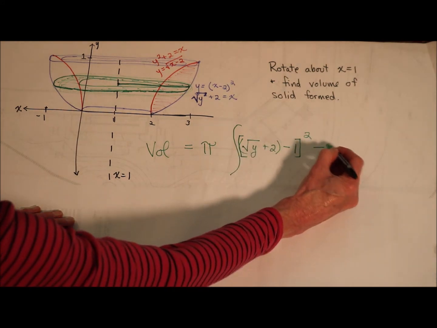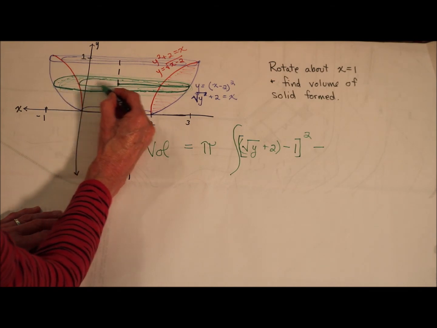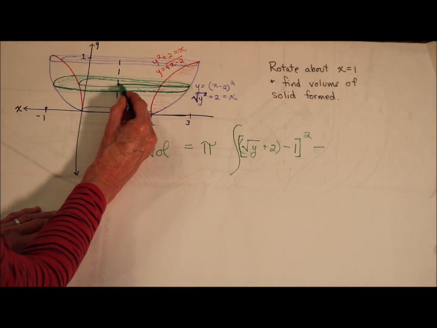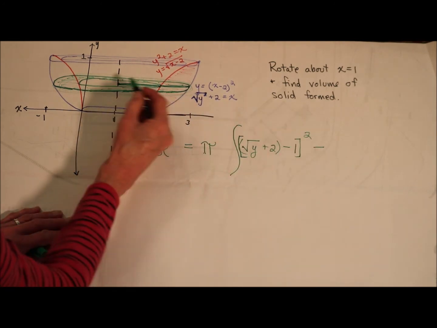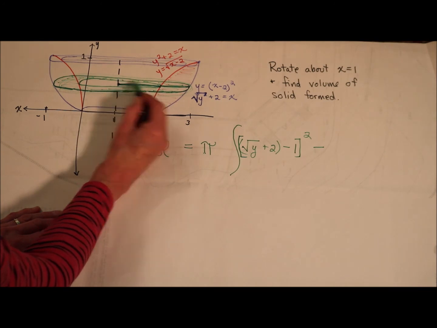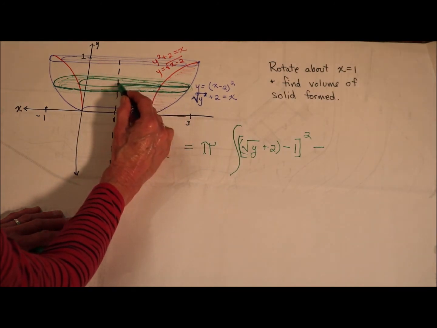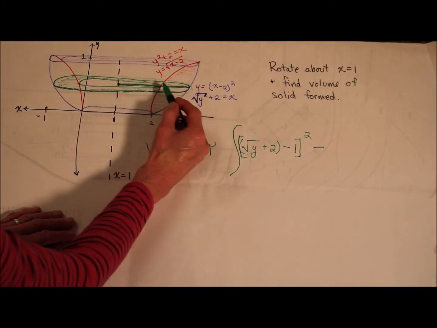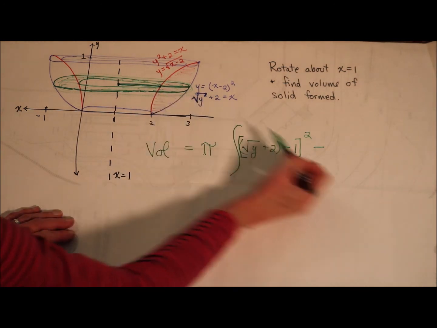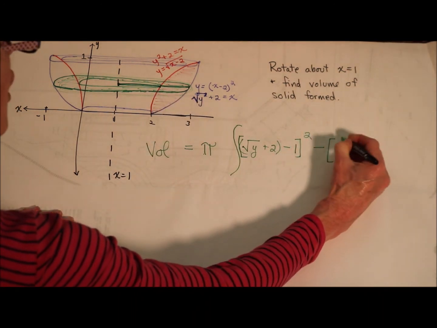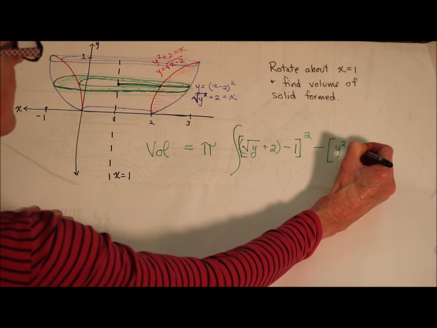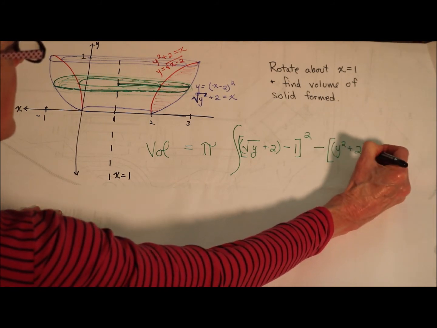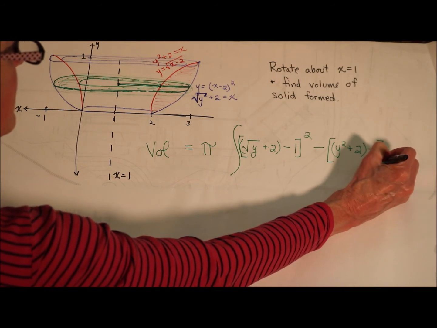Now I'm going to subtract the area of the little circle. I'm going to get rid of the hole. What's the area of that little circle? It's also pi r squared, and that radius is the distance from the red curve to x equals 1. So that's going to be y squared plus 2 minus 1.